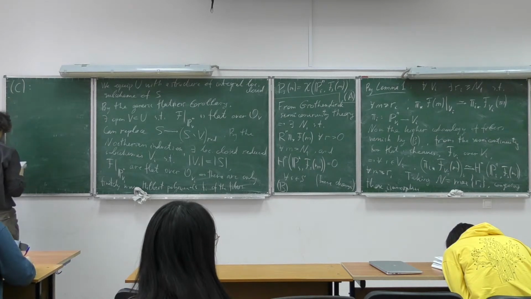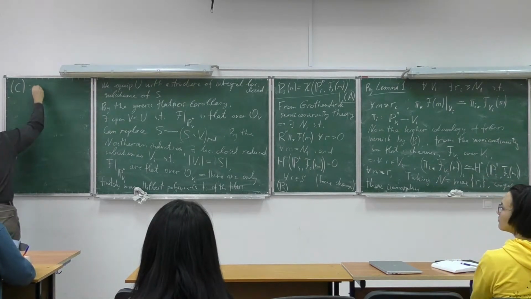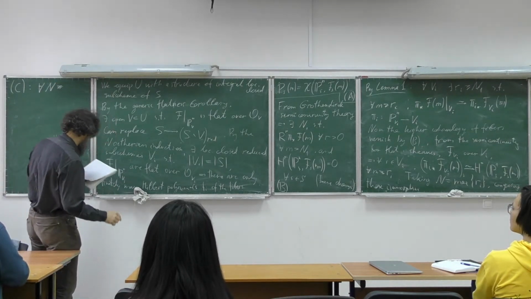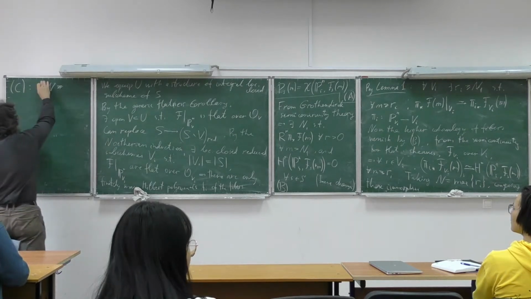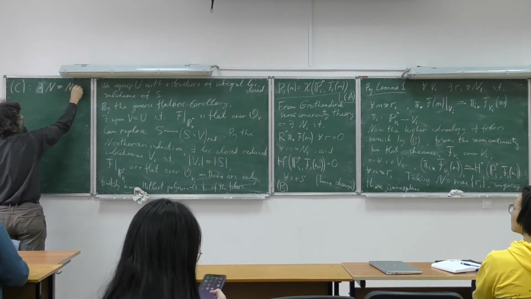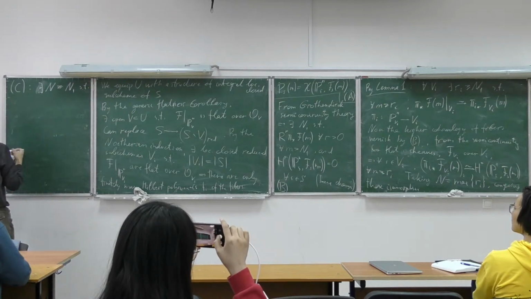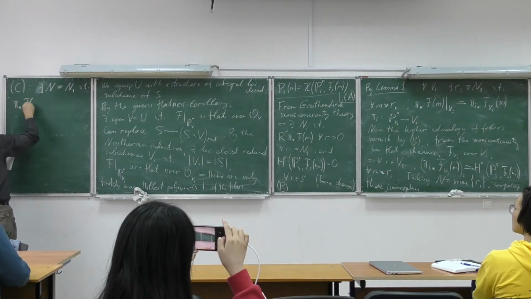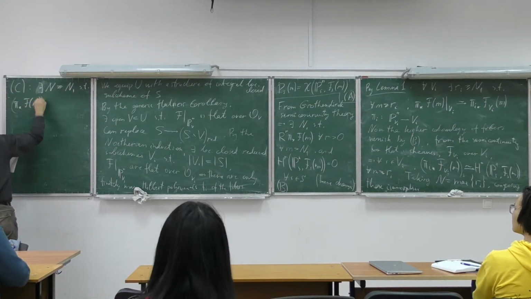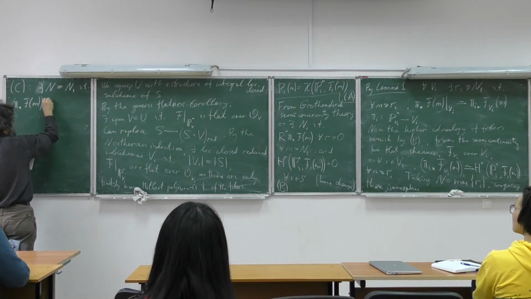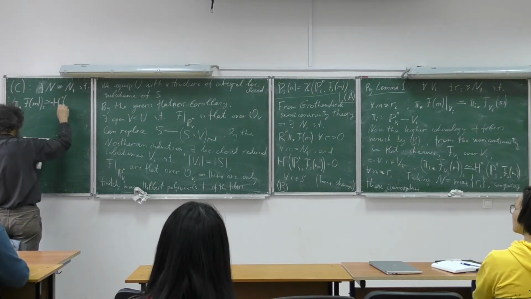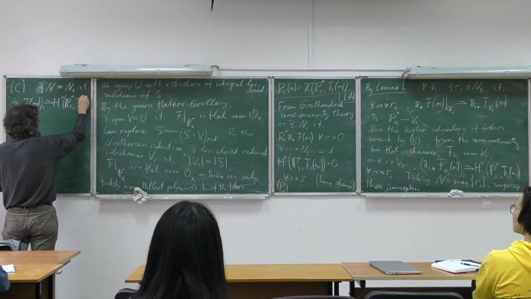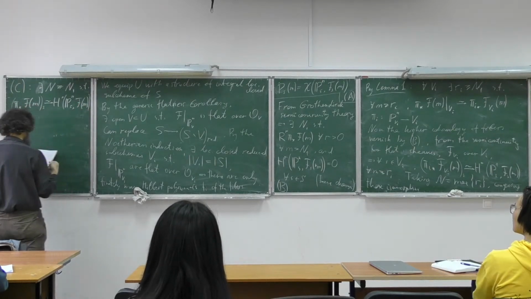Next time we will start from A, B, C. So for any n, there exists n bigger than n_1 such that the fiber of the push forward at point s is isomorphic to the global sections of the corresponding fiber with coefficients in the twisted sheaf.